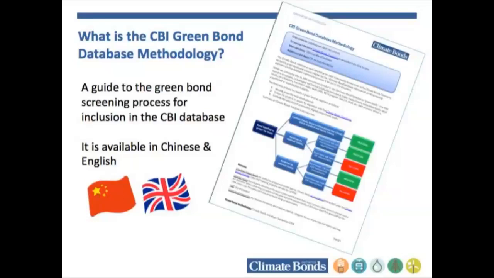So the Green Bond Database methodology is the document where we set that out, and we use these criteria to determine which bonds from the labeled universe we include in the CBI Green Bond Database. The methodology is available in English and Chinese at this point in time.